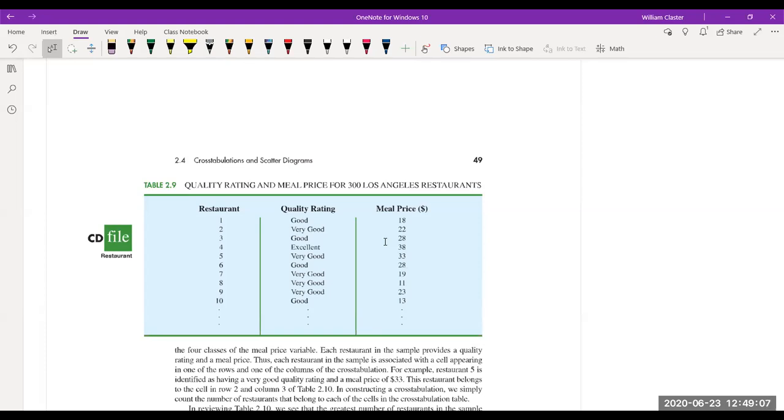Okay, so let's see what they're going to do with this. What are the different possible quality ratings that you see here? Good, very good, and excellent. Yeah, that seems to be about all of it. Sometimes they call those the levels of the variable, if it's a categorical variable.